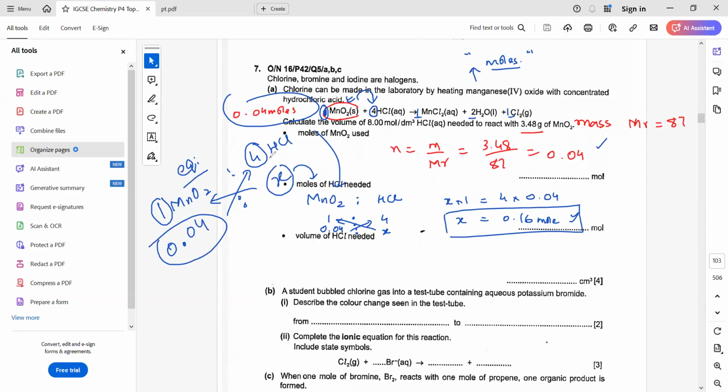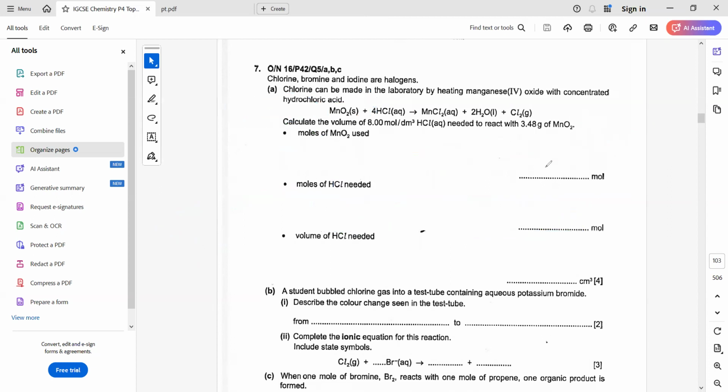Yeah, no problem at all. So see, we calculated moles here. That was 0.04 moles, right? Now I went to the equation. In the equation, what I see is there is 1 mole of MnO2 reacting with 4 moles of HCl. Now the question asks us about moles of HCl needed, right? So instead of using any of the formulas, we are using ratio proportion.